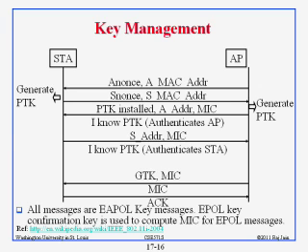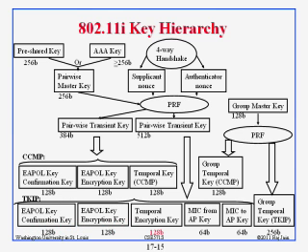This is the station's nonce and the station's MAC address. Both of these numbers are sufficient to produce the transient key. So what is the transient key? That is this key, PTK, the pairwise transient key.